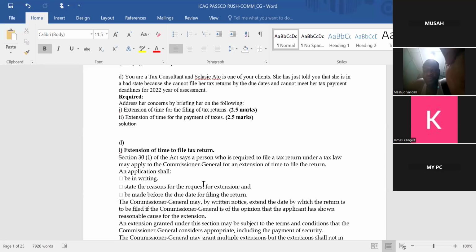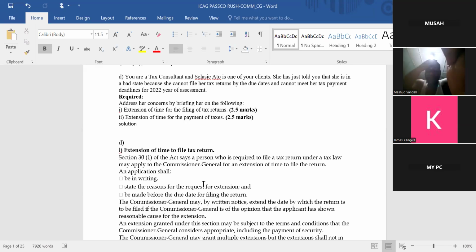I made mention that one of the ways of communicating with GRA is the filing of our tax returns. Now, for most of the tax returns, we have a date of filing and a date of payment, and that is why if you don't file, all these things attract penalties. For example, withholding tax and PAYE, the law requires that we file on or before the 15th of the following month.